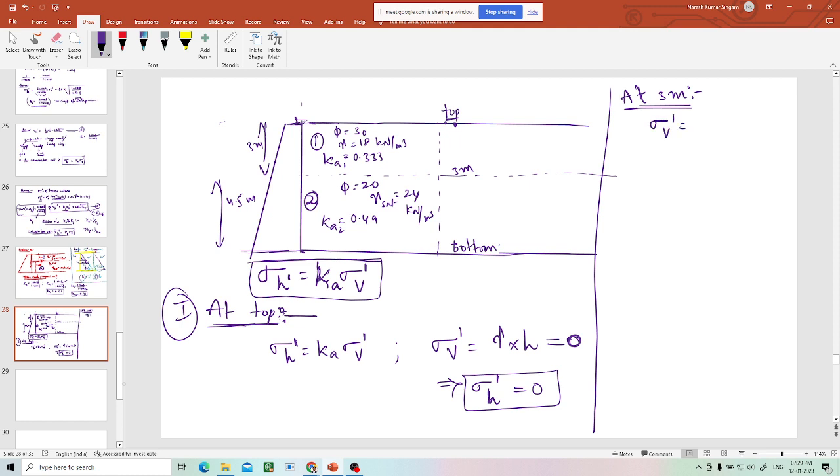Can somebody tell me: sigma v dash is the summation, i equal to 1 to n, of gamma i h i. Gamma i is nothing but, if it is not saturated soil, you take it as it is. If it is saturated, you have to take gamma dash. So finally, that is nothing but gamma effective. Now tell me at 3 meters, what is the sigma v dash?